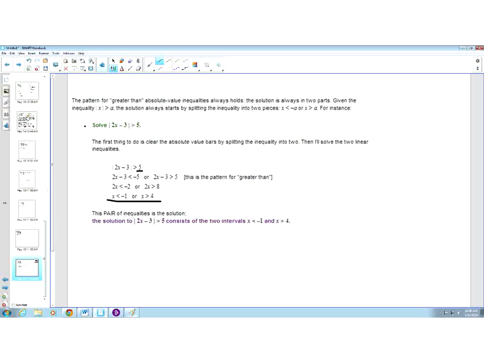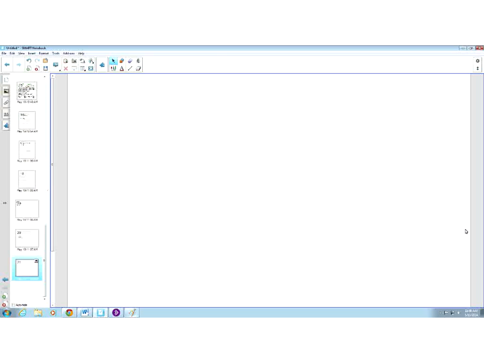Now, in chapter 2, we're going to be reversing this technique of solving absolute value being greater than or less than a quantity, and we're going to be working backwards. We're going to be taking inequalities like this, and we're going to be converting them to absolute value. So let's see how that would work. I'm glad I mentioned this.